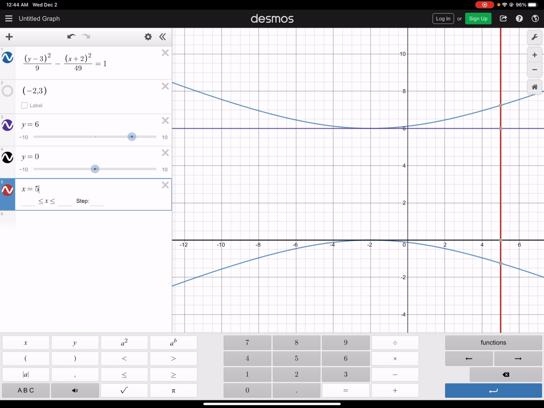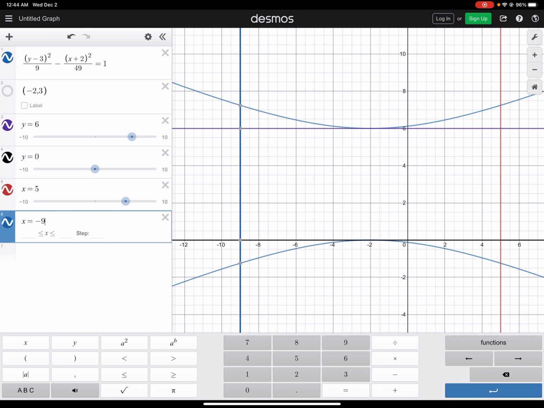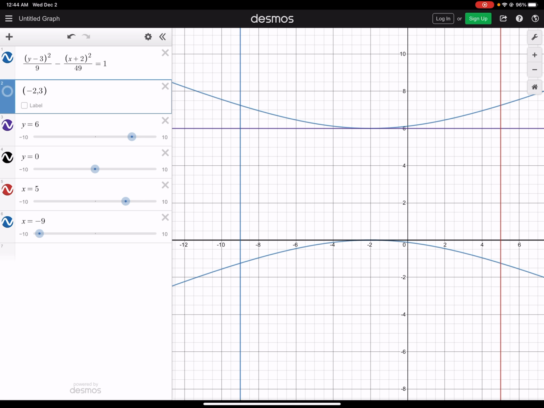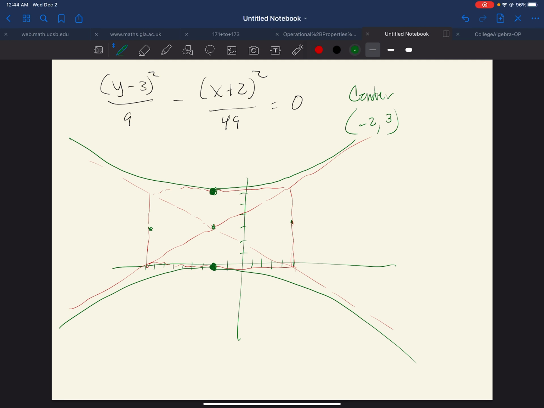And then if I take negative 2 minus 7, I'm going to say x is negative 9. And I'm going to turn the center back on. And then I'm going to come over here and show you something really cool.